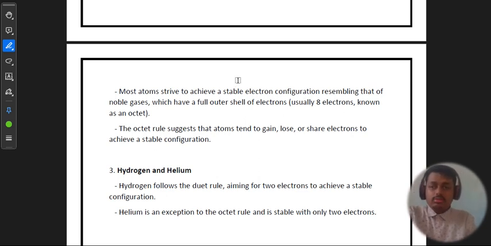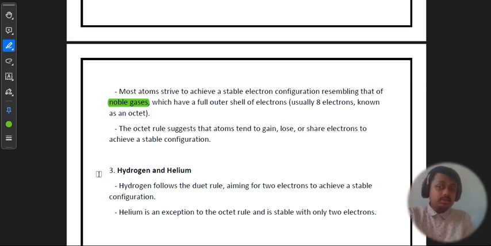So the atoms strive to achieve a stable electronic configuration resembling a noble gas, which has a full outer shell of electrons. Usually it is 8 electrons. There is an exception, we will discuss it later. And the octet rule suggests that atoms tend to gain, lose or share electrons to achieve this stable configuration that we have discussed earlier.